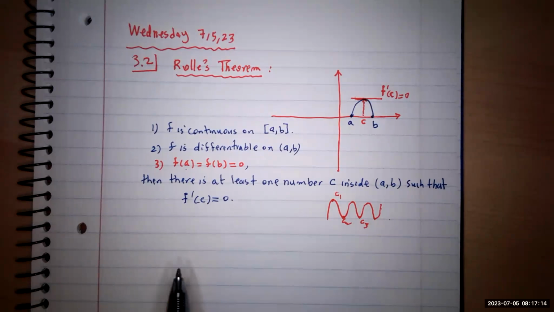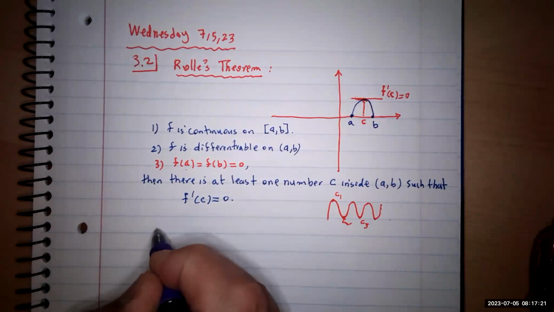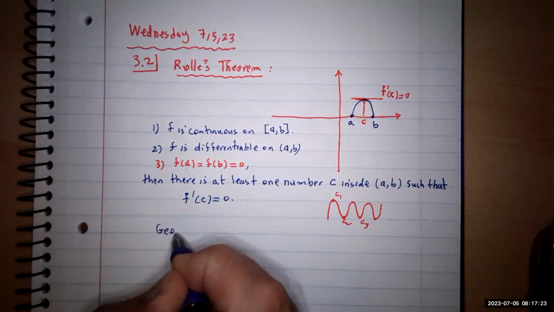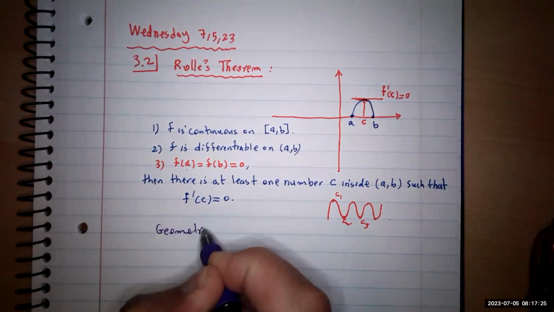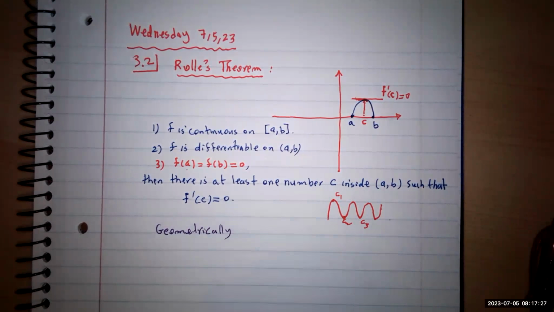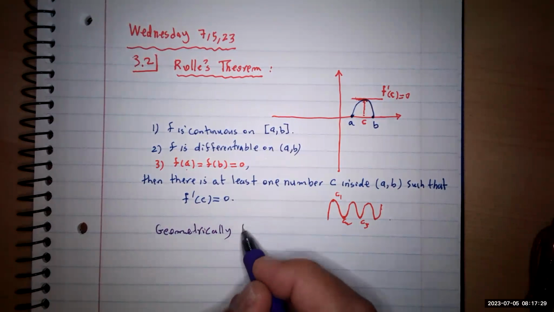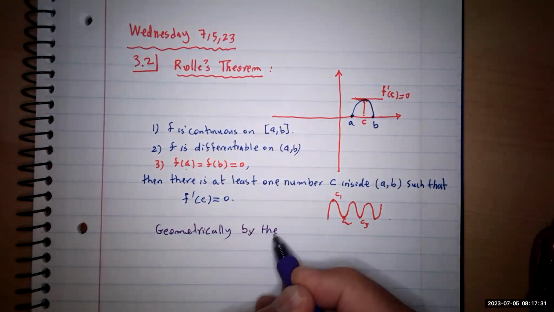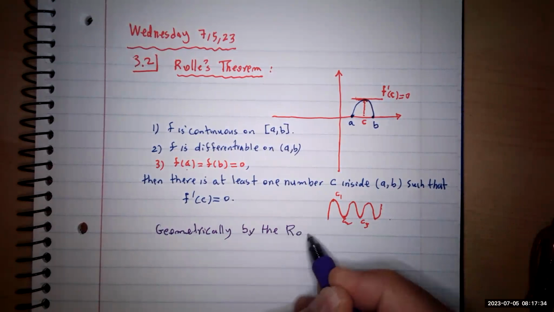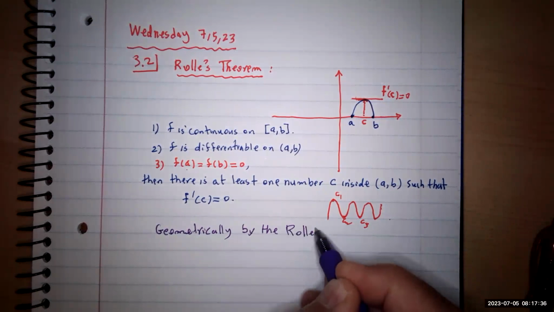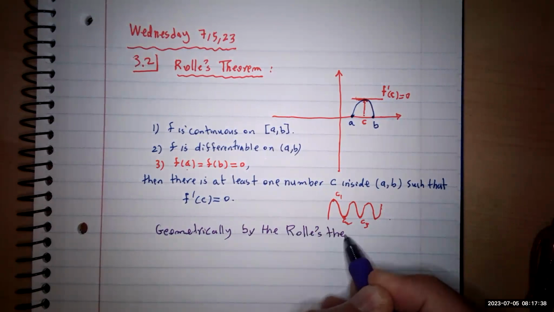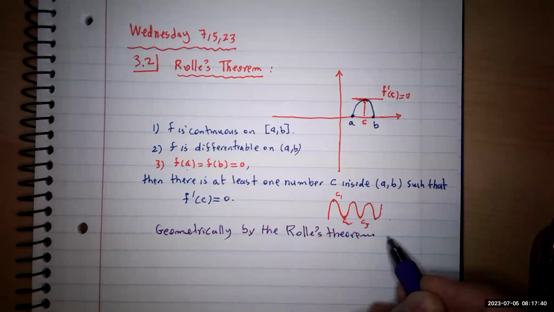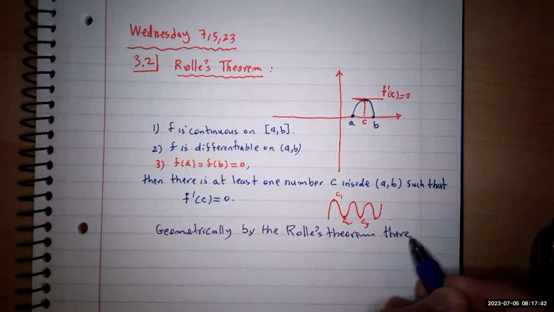So from the geometry point of view, as usual, you get these horizontal tangent lines, so it's not bad to emphasize. So geometrically, by the Rolle's theorem, there is a horizontal tangent line.